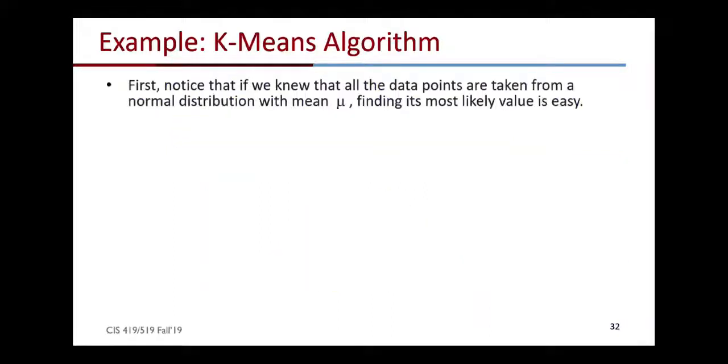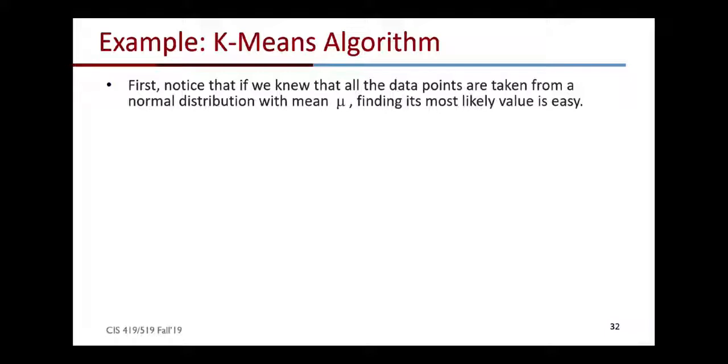So let's just do this. Just like before, first we notice that had we known that all the data points that we have are taken from one Gaussian distribution with mean mu, finding mu is easy. Finding the most likely value of mu is easy. What would you do? Compute the average.